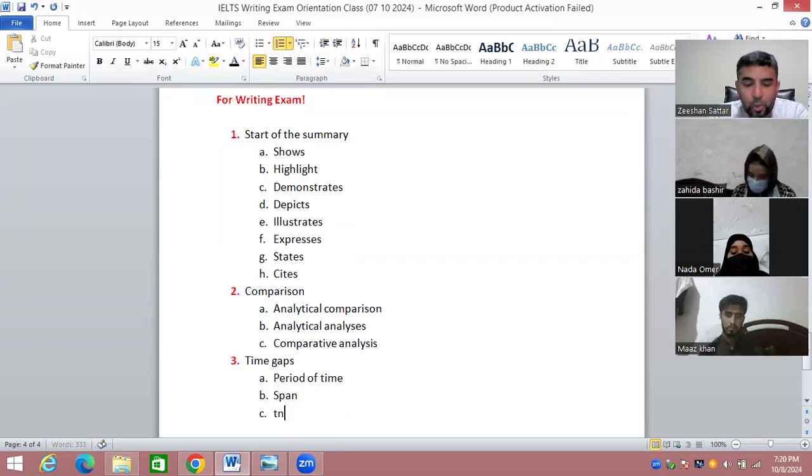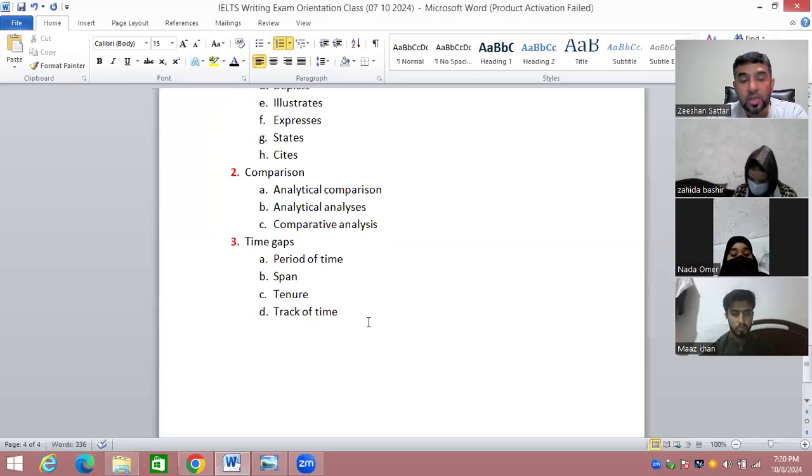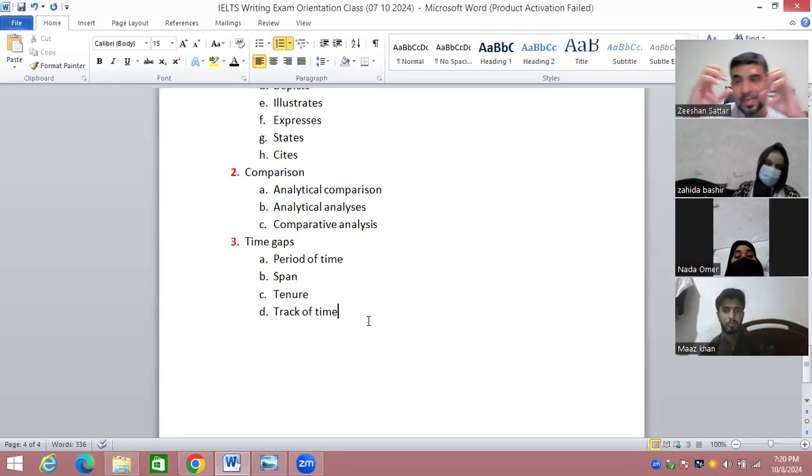We can use the word tenure. We can use the phrase track of time. So these are all the synonym words which express that there is some time gap, some track that we are discussing.